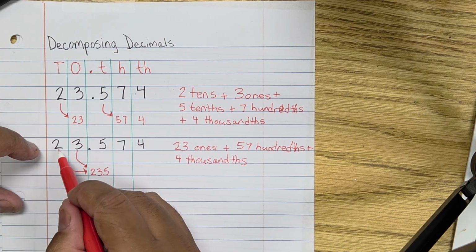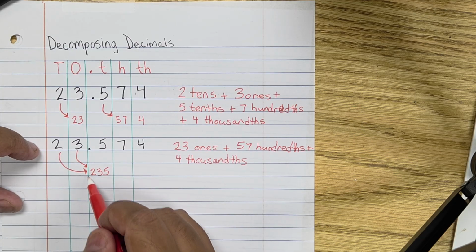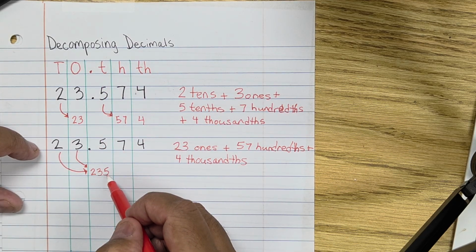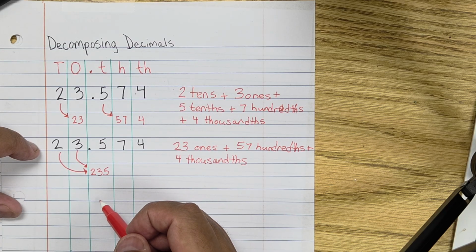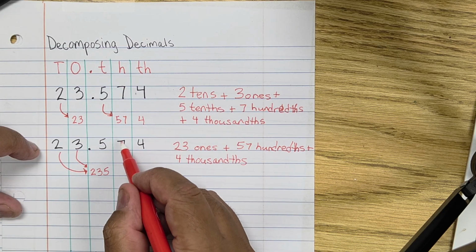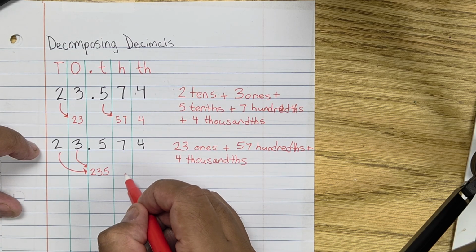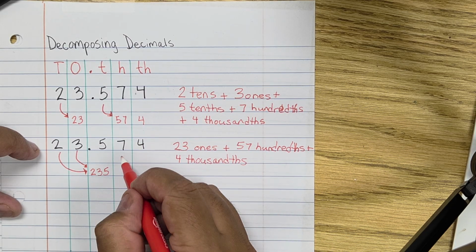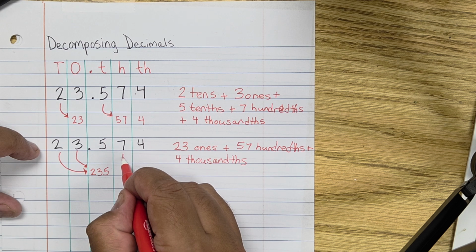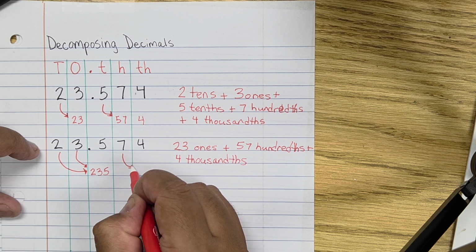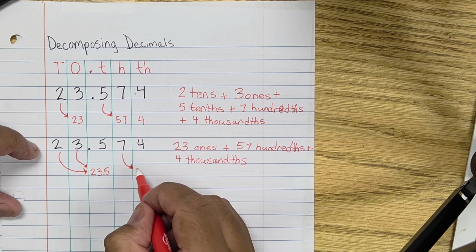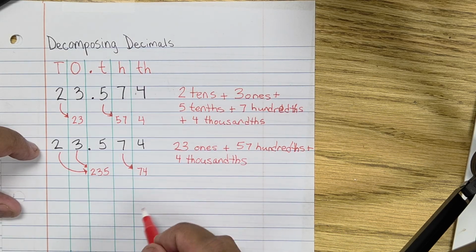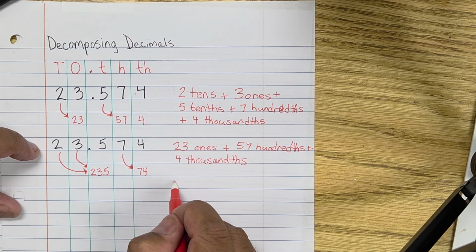So these three digits, 235, can all be pushed into the tenths place. And I could either leave this 7 here in the hundredths and this 4 in the thousandths, or if I wanted to, I could bring this 7 right into the thousandths place, and I could have 74 thousandths.